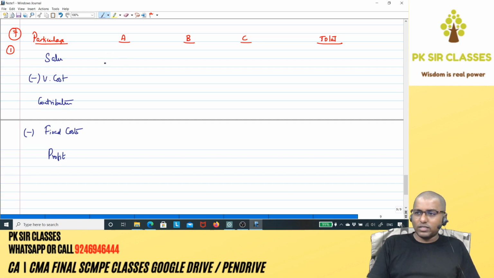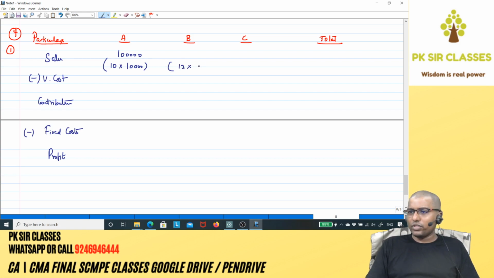Okay, coming on to sales. So here it is 10 rupees per unit into how many number of units you have got? 10,000 units. So I need to write total sales figures. So which means it will be 10,000, one additional 0. So it is 1 lakh. Now coming on to B, the selling price is 12 into number of units of B, 15,000. So total sales is going to be 12 into 15,000. So it is 1,80,000.